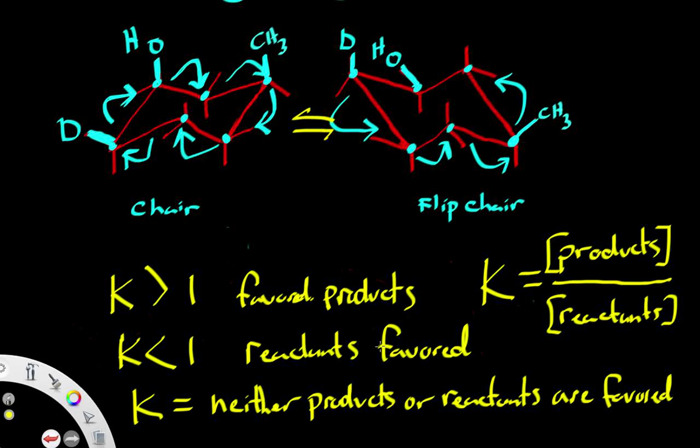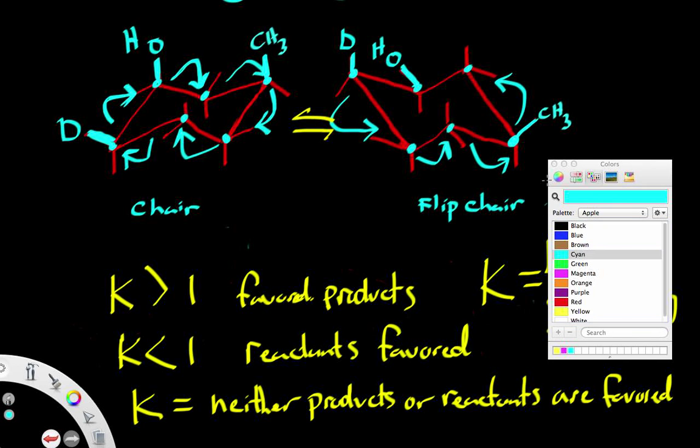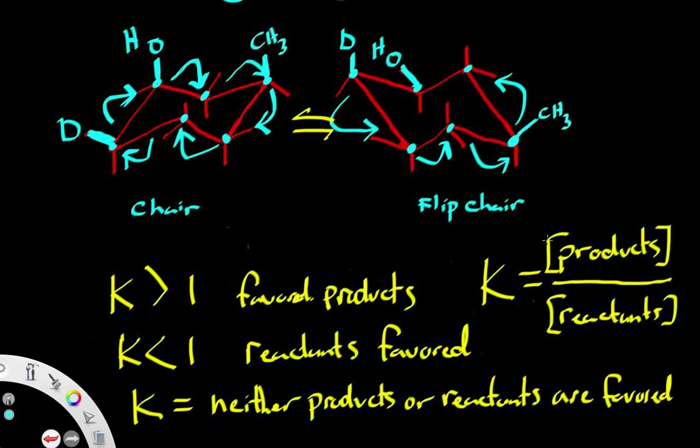And so it makes sense that, if we have a K value that is greater than 1, that should imply that we have more products than we have reactants. And that just makes sense mathematically, because we would need a higher amount in our numerator than we do in our denominator to have a value that is greater than 1.